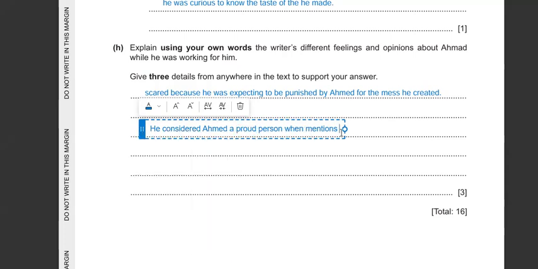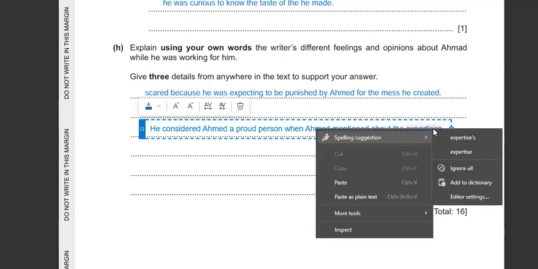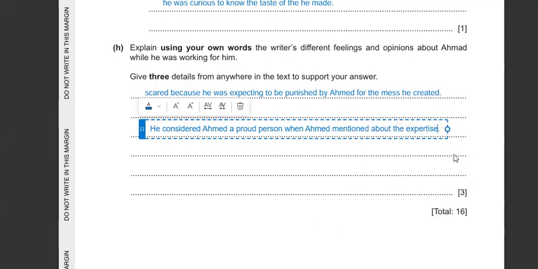Proudy is a wrong word. Yes, when Ahmed mentioned his expertise, like when he expressed that we are not cooks, we are engineers. This is the way he is basically putting himself onto a superior level, right?